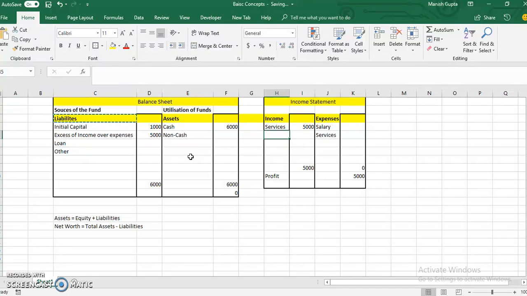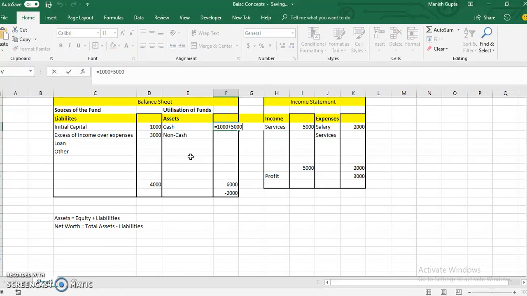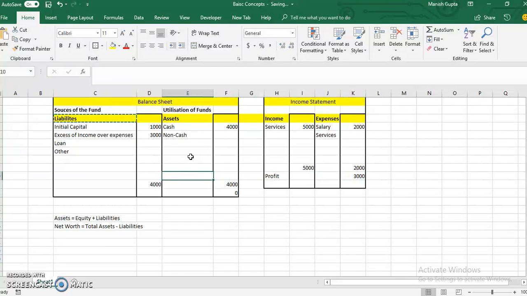To provide these services, we had to pay salaries. We have to hire some employees. So let's say we paid $2,000 to our employees in cash. So we are left with $4,000 in cash. Now you can see we have earned a profit of $3,000 so far, where we initially invested $1,000. So in total we have $4,000, all of which we have in cash.